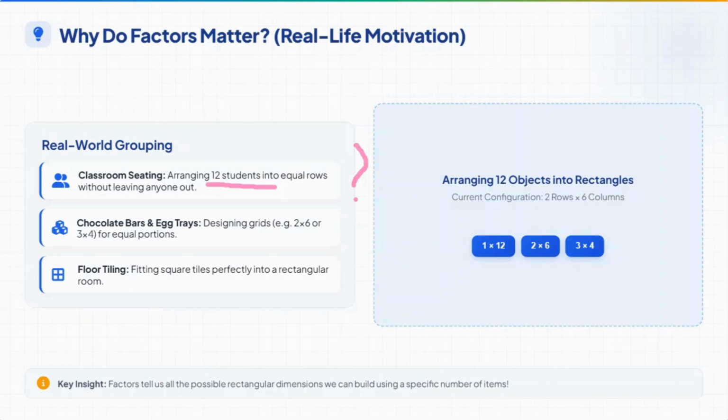Well, you can put them in one row with 12 people, or two rows with 6 people, or three rows with 4 people in each. Notice how every single arrangement forms a neat, complete rectangle with nobody left out. That's the real idea of equal sharing, and that is exactly what factors are all about.